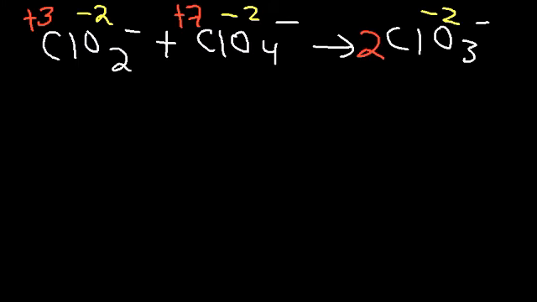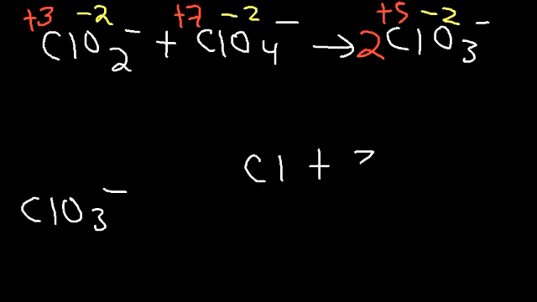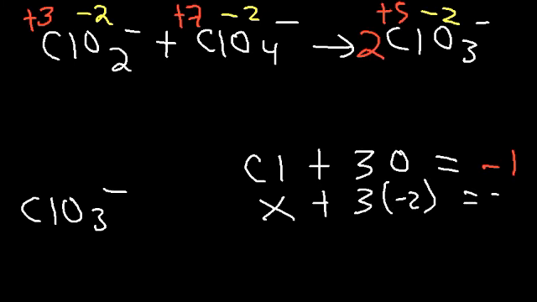So now let's do the same thing for chlorate. You can probably see that it's going to be +5, but we'll work out the example. So we have Cl plus 3 oxygen atoms equals a net charge of -1. So 3 times -2 is -6.